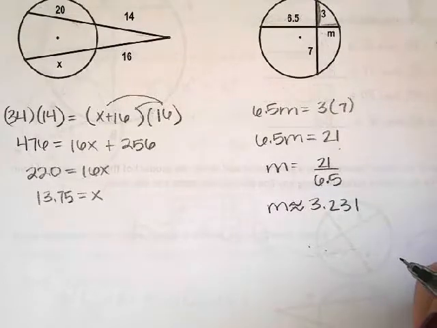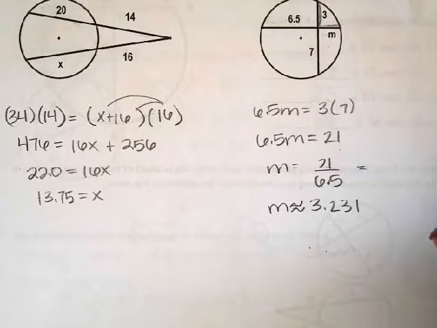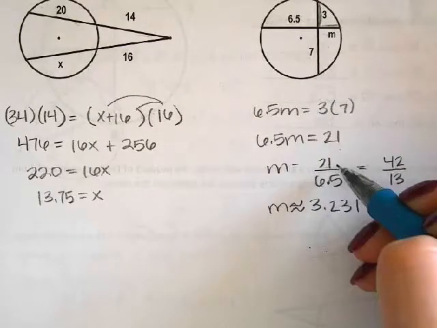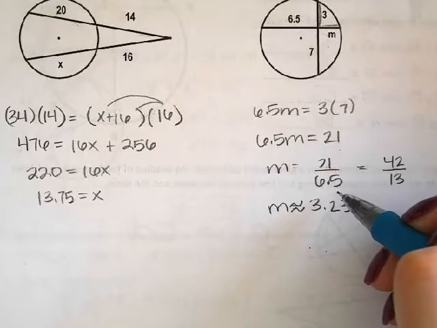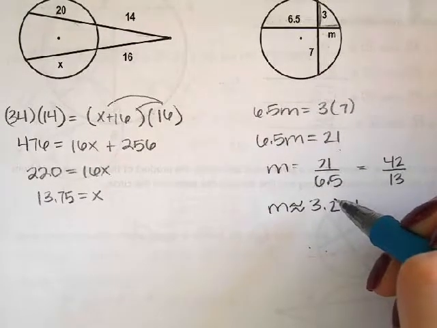Hit the math button. Frac. Enter. Oh, 42 over 13. So when you did 21 divided by 6.5, then you hit the math button. Number 1 will take your answer and turn it into a fraction.